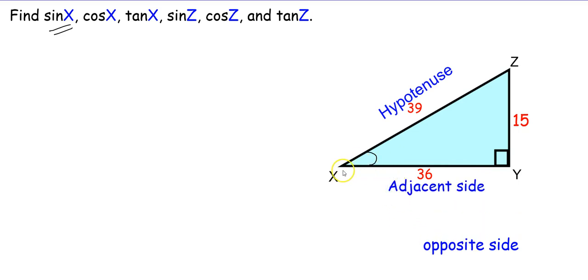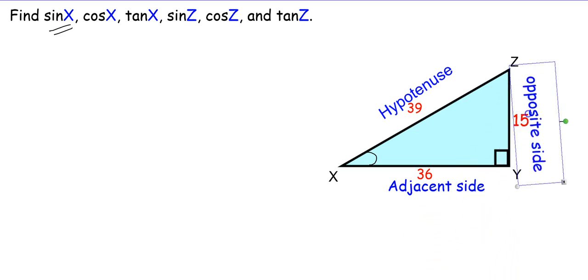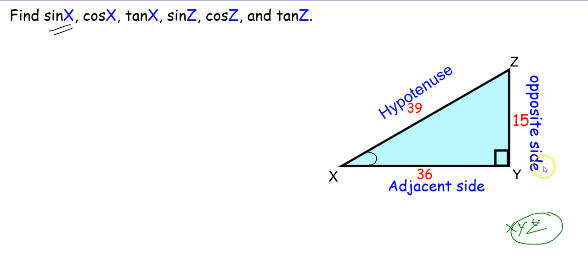Now the remaining side, the third side, is the opposite side, which is 15. Also, in triangle XYZ, when I consider the angle x, the remaining side will be the opposite side. You can remember it like that.